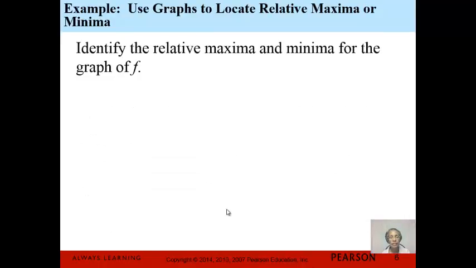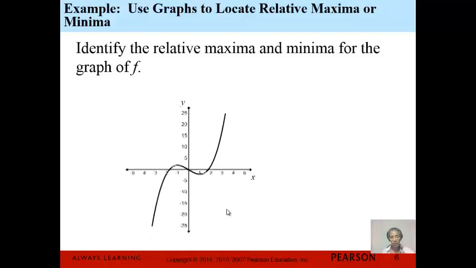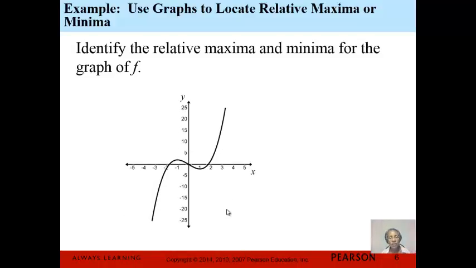So let's look at an example of this. Let's identify the relative maxima and minima for the graph of our function f. So notice that right here at x equal -1, we have a relative maximum. Maxima is plural. Maximum, there's just one relative maximum here.